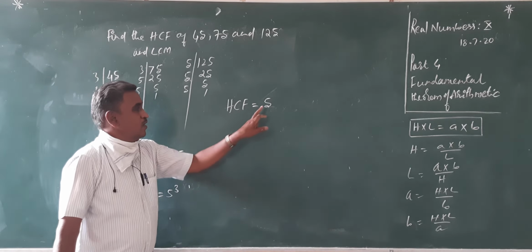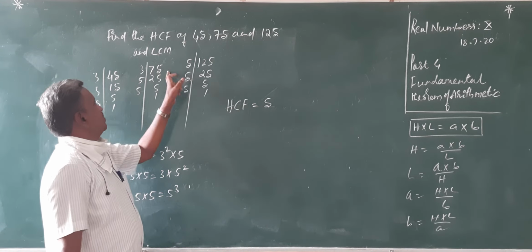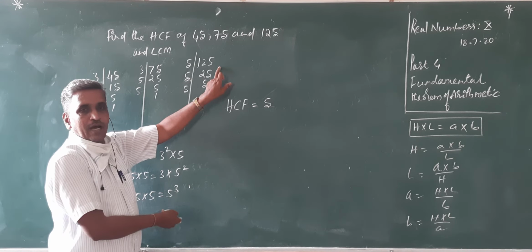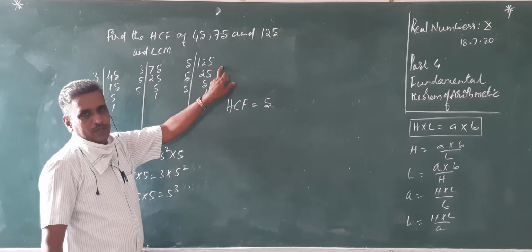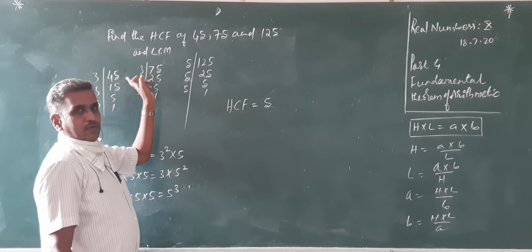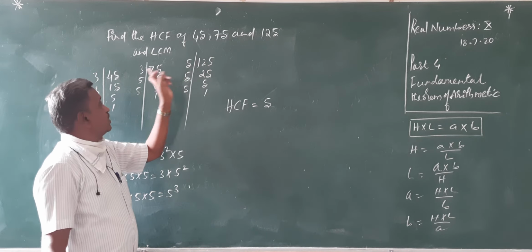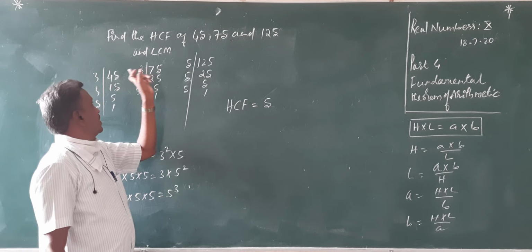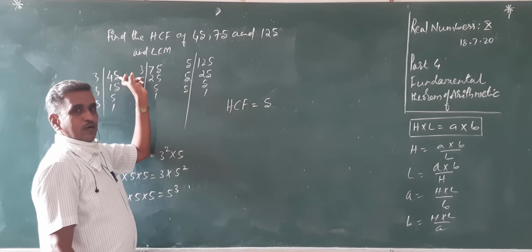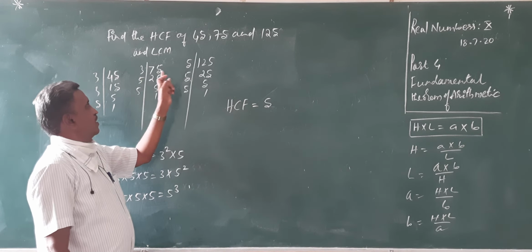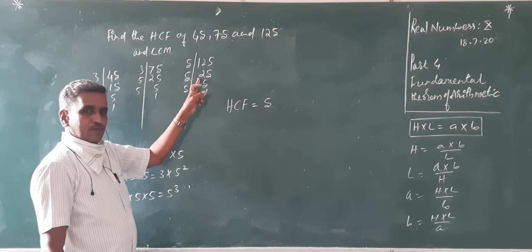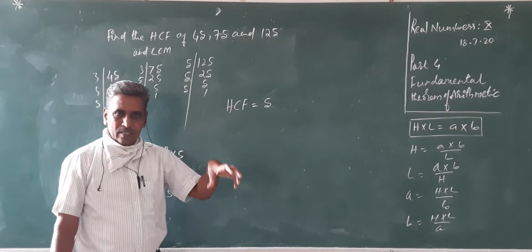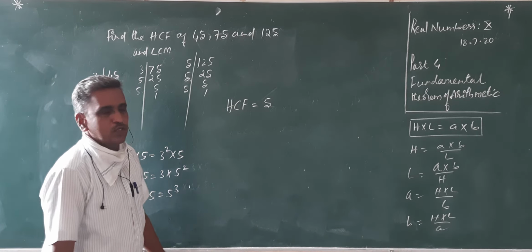What does it mean? Among 45, 75, 125, the highest common factor is 5. By 2 it cannot be divided. By 3 not all are divisible, since 125 is not divisible. So only 5 divides all the given numbers: 5 into 9, 5 into 15, 5 into 25. So 5 is the HCF.